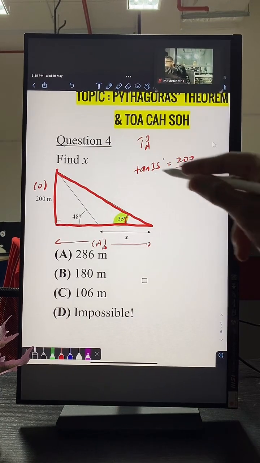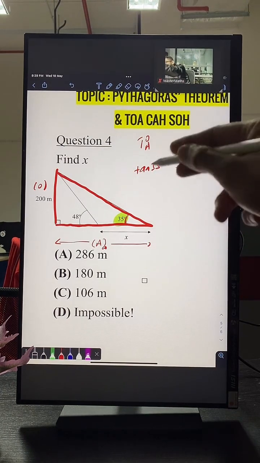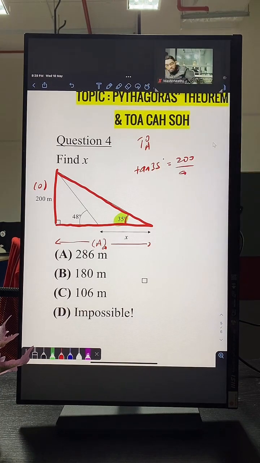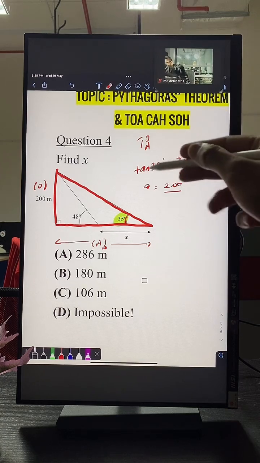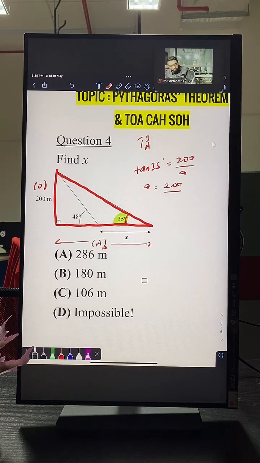That allows you to do cross multiplication. So a goes to the top, tangent 35 goes to the bottom. 200 is still there, because it's a good boy and stays there. Tangent 35, the bad guy, I don't want this guy, bring it down to the bottom.